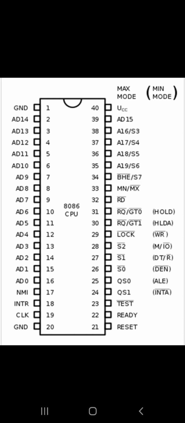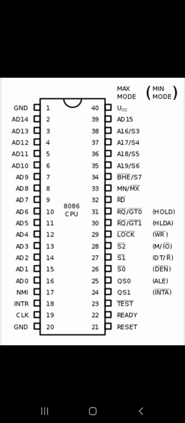Now the thing is, if any device requests the 8086 for processing of an interrupt, how does the 8086 acknowledge the device whether its request has been accepted or not? It is with the help of the INTA bar pin, which is the 24th number pin of this 8086 microprocessor.